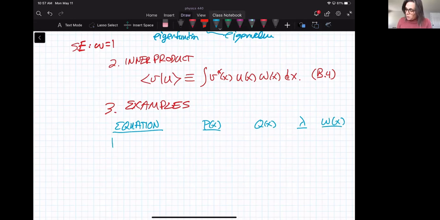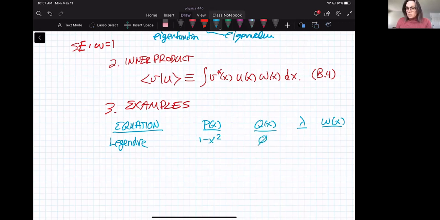So for the Legendre equation, P of x is 1 minus x squared. If you look at the definition of the Legendre equation, you'll see that there's a 1 minus x squared in front of the double derivative.